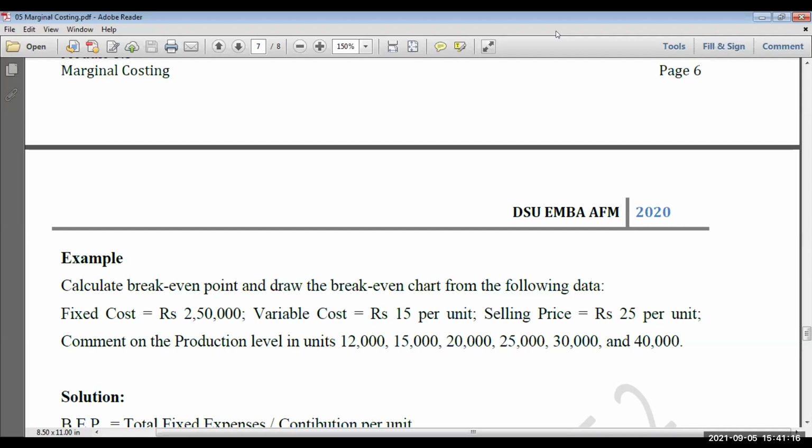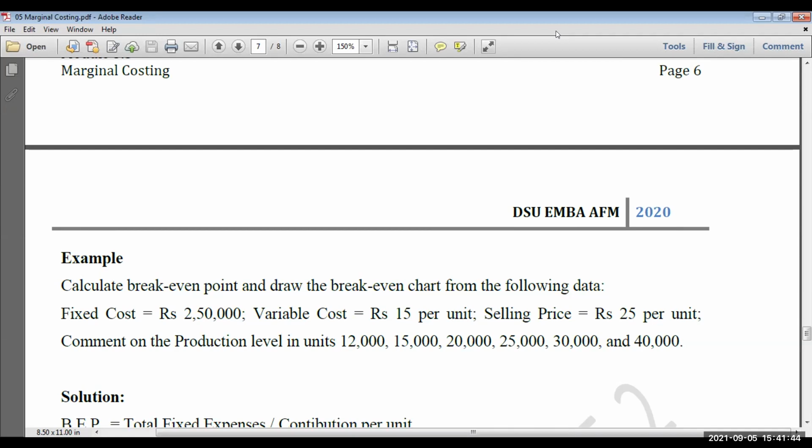How many units should the company sell to get a profit of 2 lakhs? Can you find out?